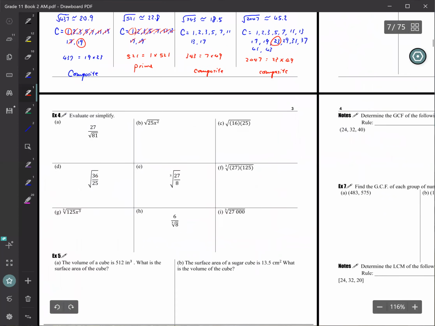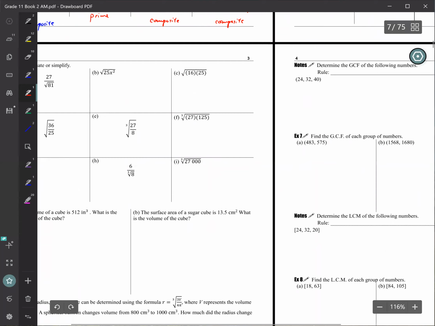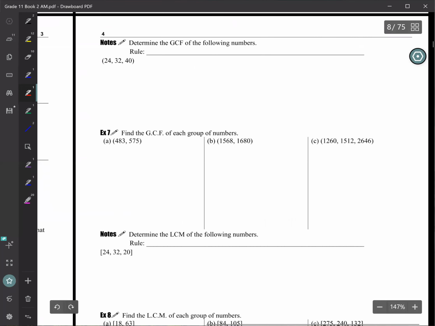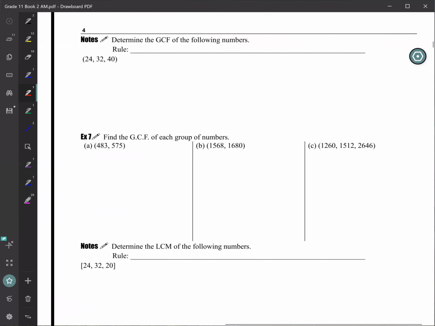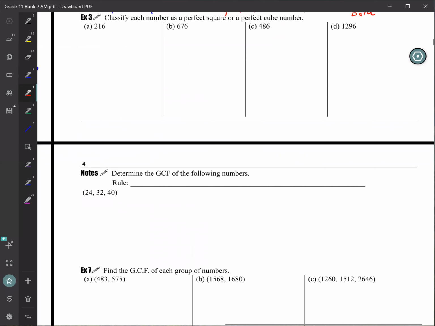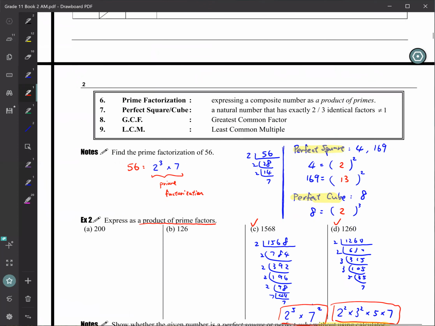I want to talk about GCF and LCM. Okay, so let's go to page 4. So another use of the prime factorization is to find the GCF of the numbers. So look at page 2.